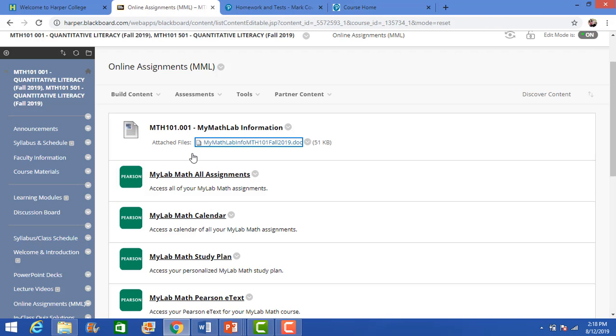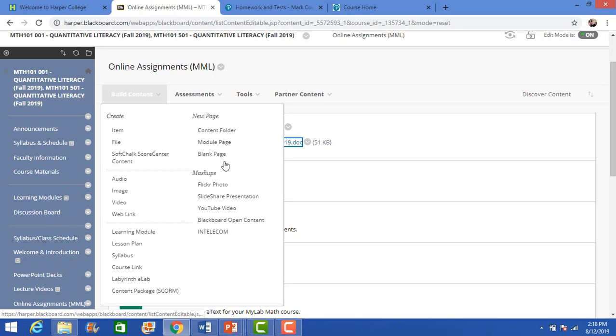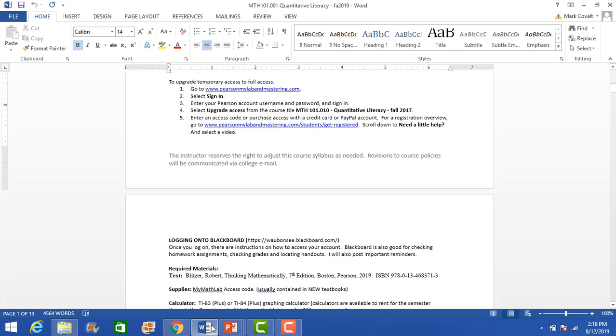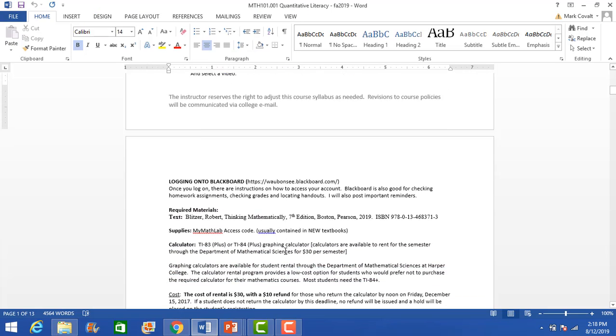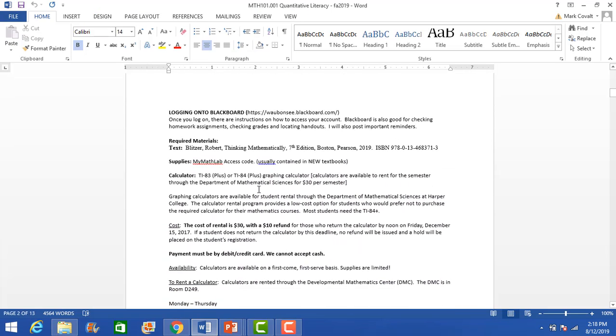Okay, so let's go back. That's pretty much how you access that. So let's go back to the syllabus. Here's some other information for required material. The textbook is Thinking Mathematically, 7th edition. If you get the access code, you don't need the physical textbook, but I always recommend that you get the physical textbook.